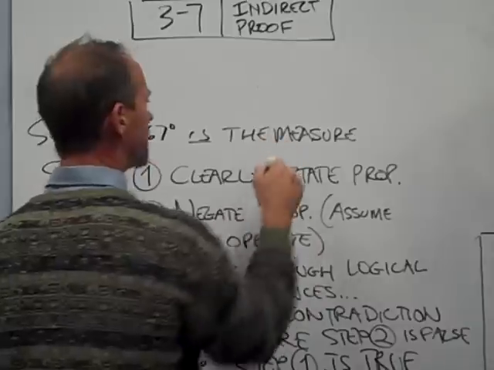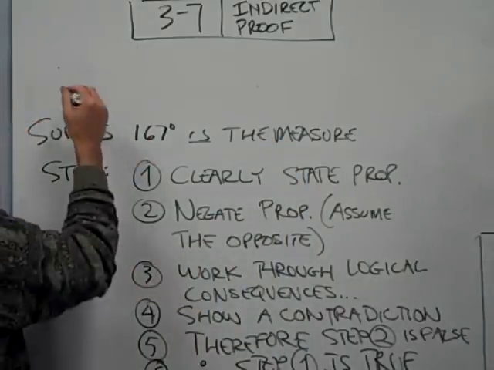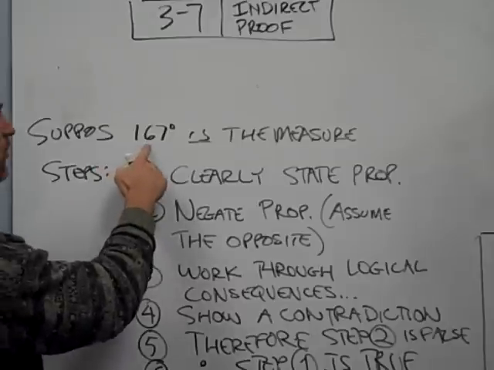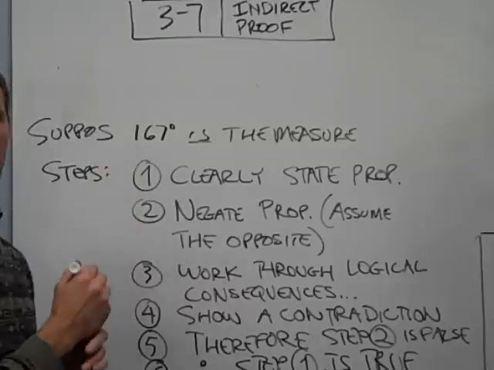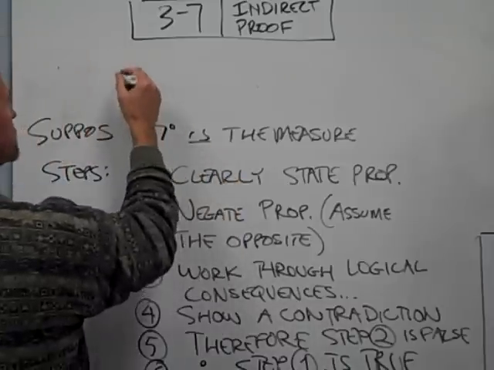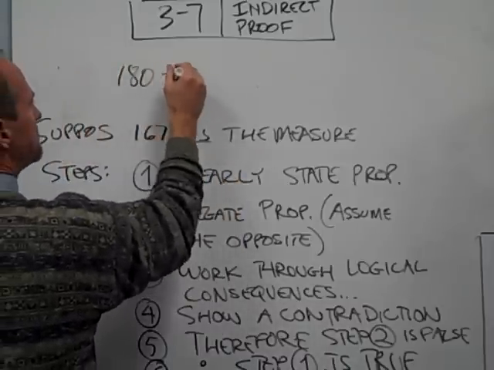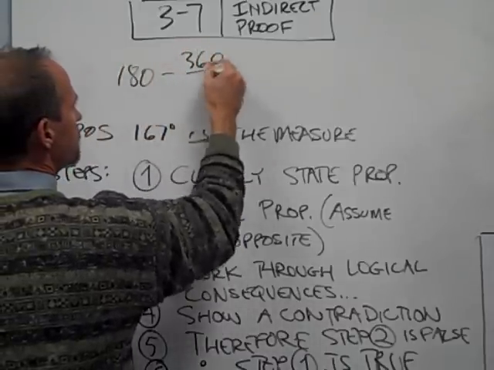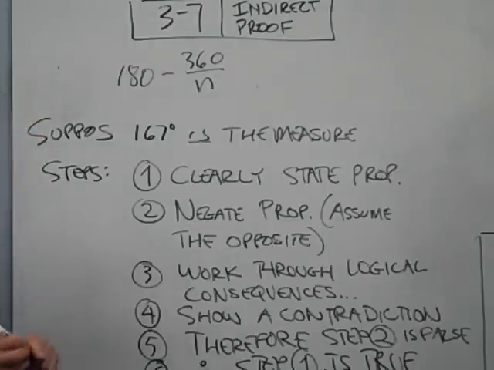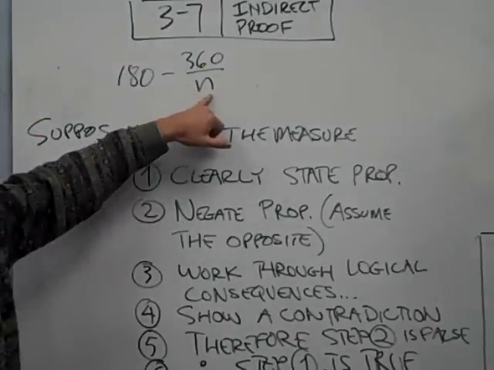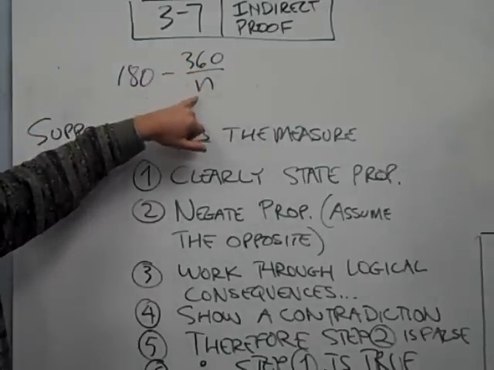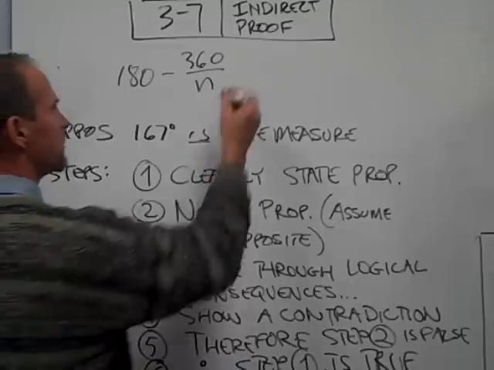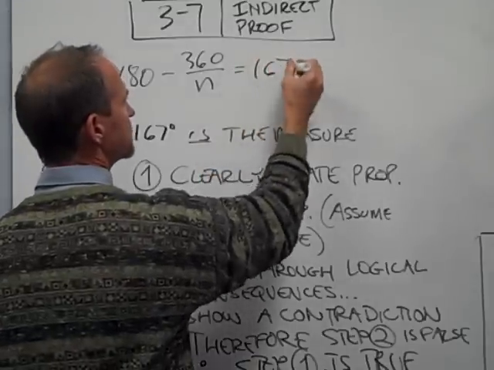Well, if that's the case, then our shortcut formula, if you remember from our chart, for the measure of one angle is 180 degrees minus 360 over the number of sides we've got. Because this will be our exterior angle. Once we find the exterior angle, we can subtract from 180, and that's our interior angle, and that's 167 degrees.